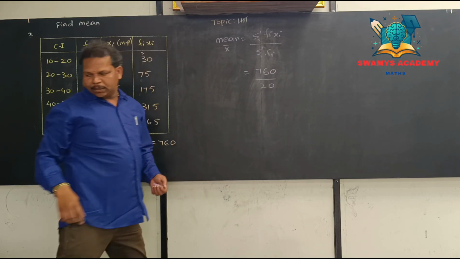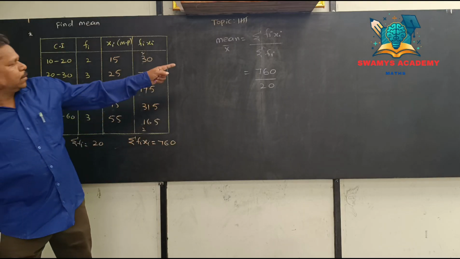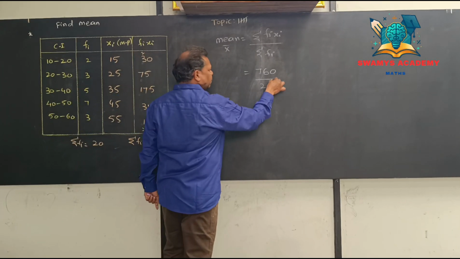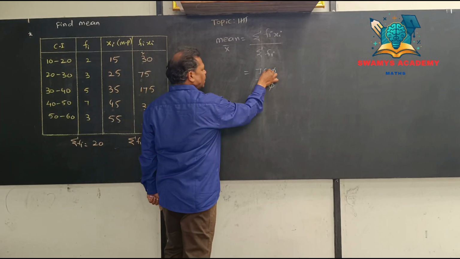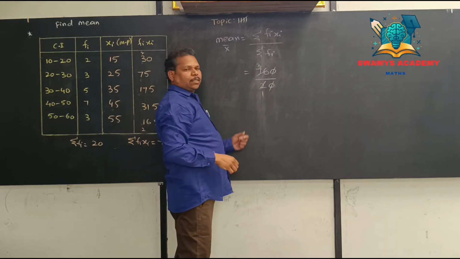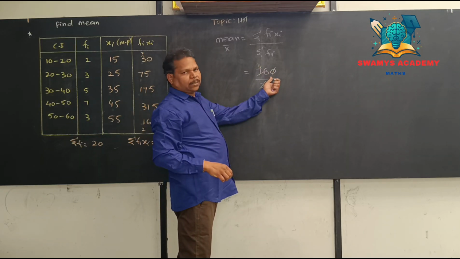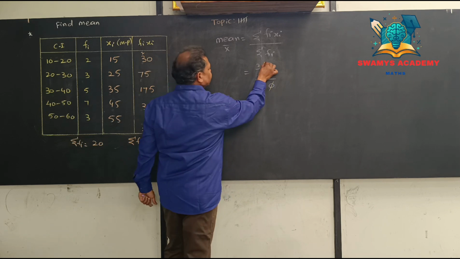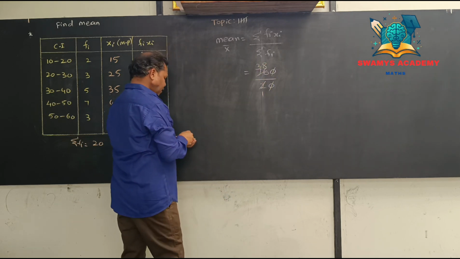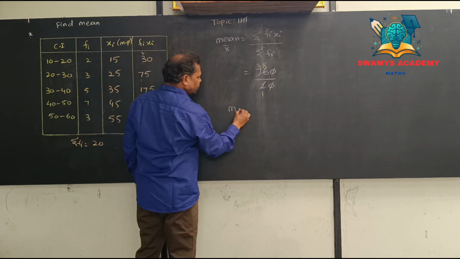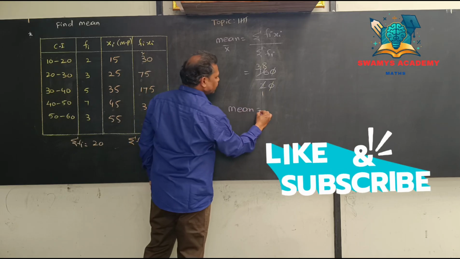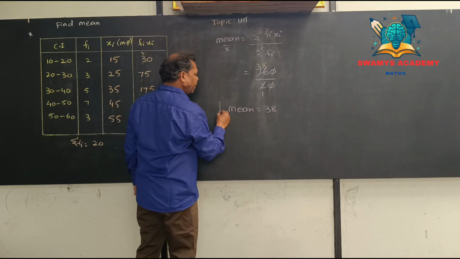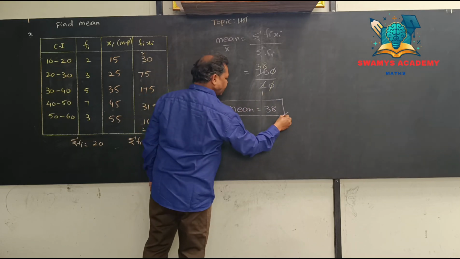So we cancel 760 by 20. 0, 0 cancelled. 2 ones are 2, 2 threes are 6. 2 eights are 16. So mean equals 38. The mean value here is 38. Thank you.